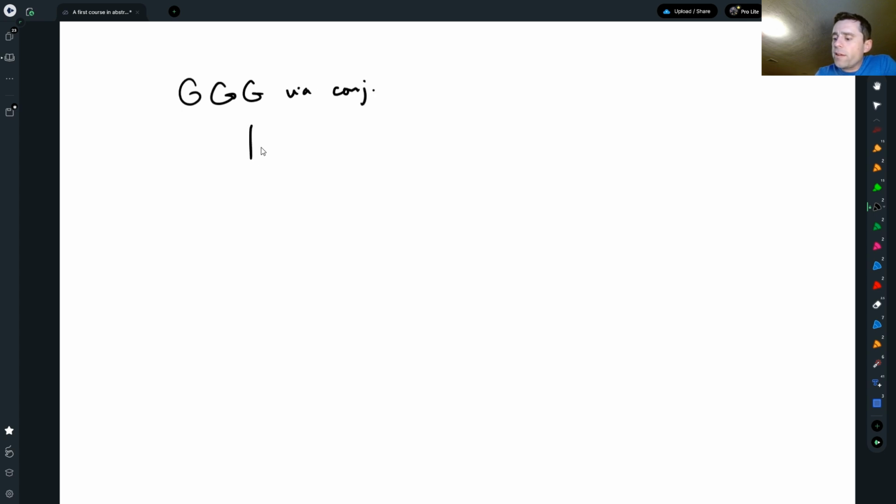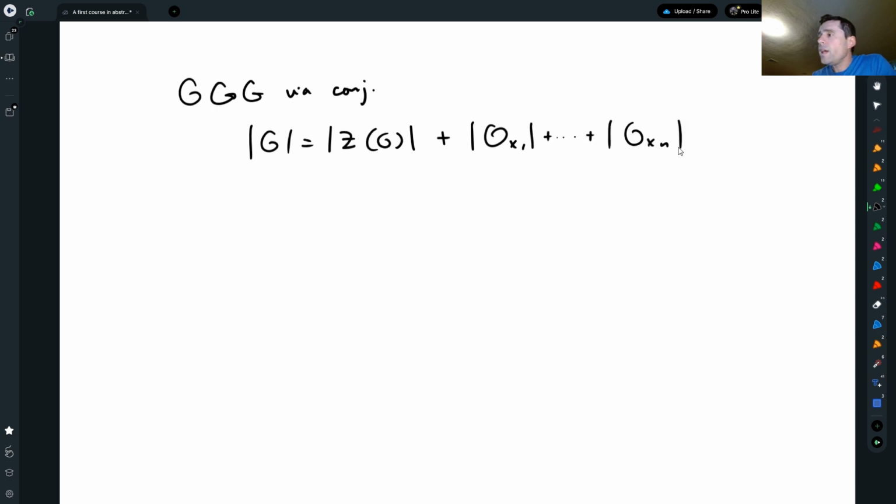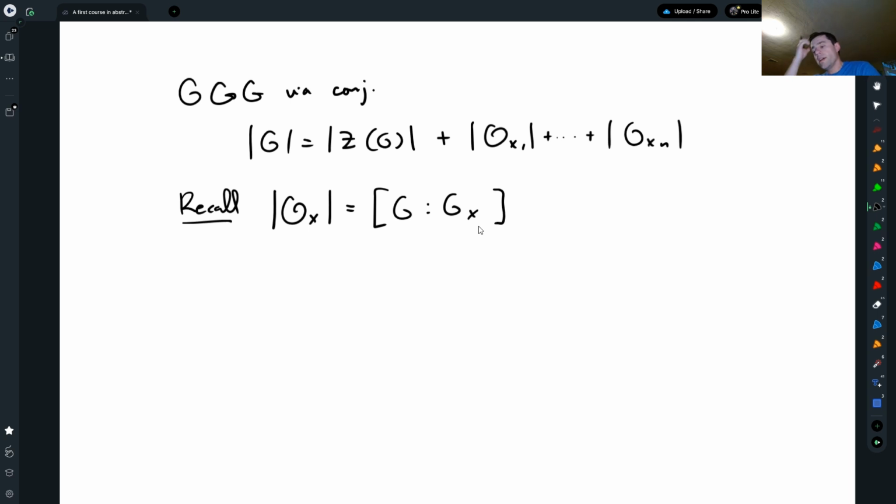And then we had that the size of G is the size of the center, which is the fixed points, plus the size of non-trivial conjugacy classes. And recall that we have proved the orbit stabilizer theorem. So the size of the orbit of x is the index of the stabilizer in G.